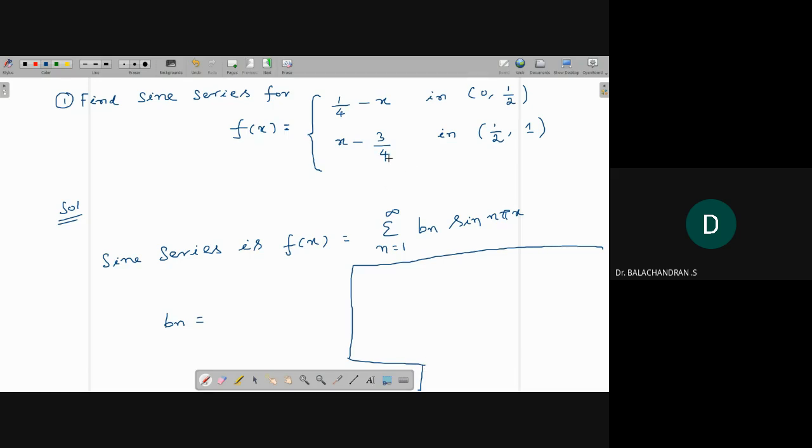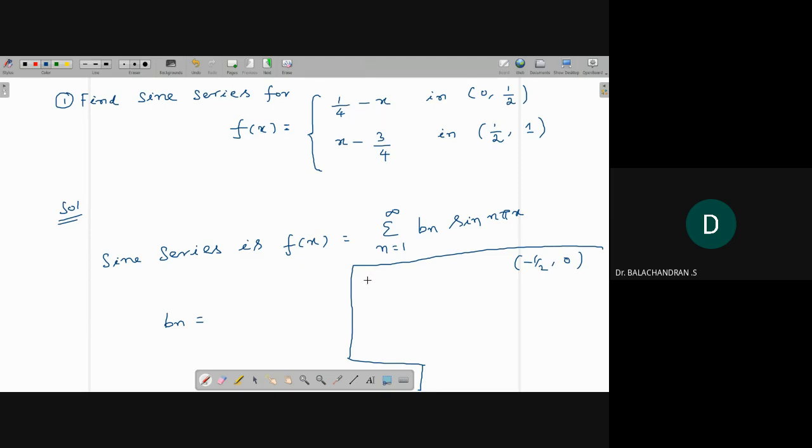So in the interval minus half to 0, we should define how you will extend, the odd extension of this function.